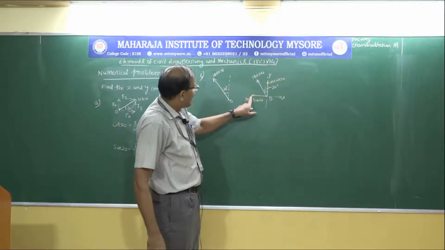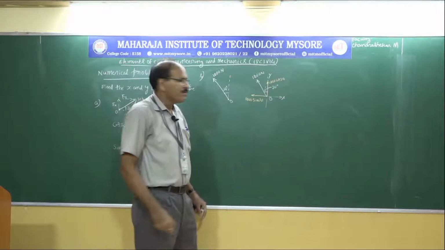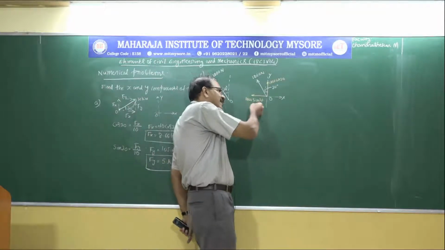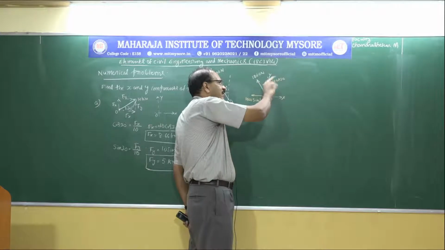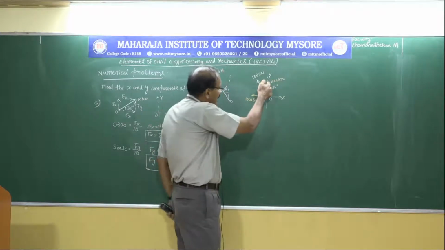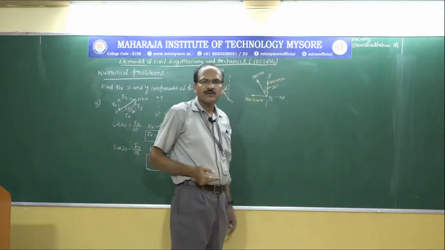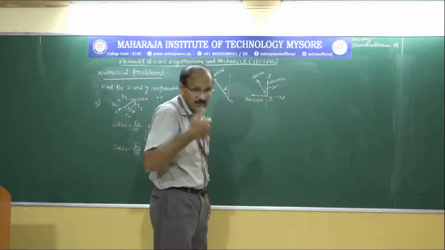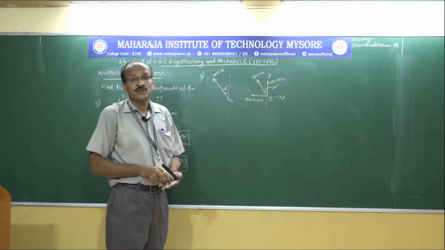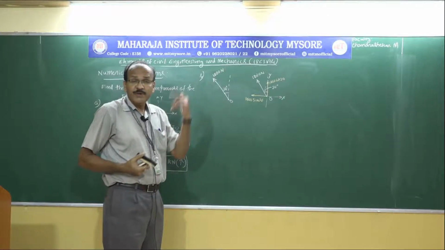When it comes to the arrows, why can't we show the arrow like this? Why can't we show the arrow downward? Those are the doubts that may come up in your mind.